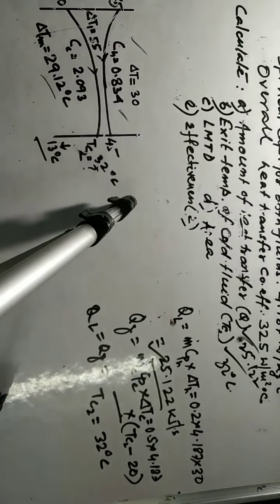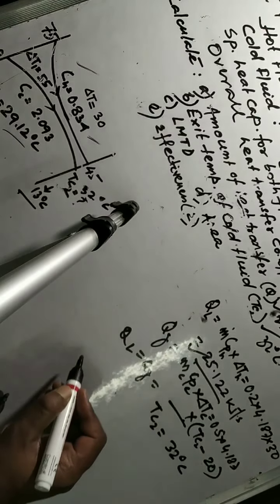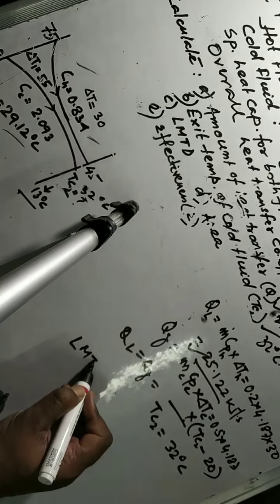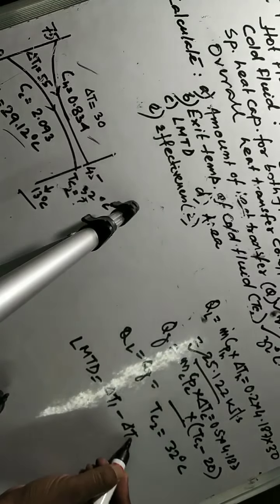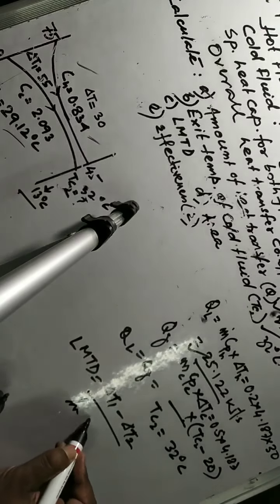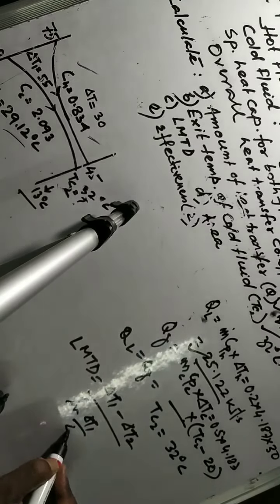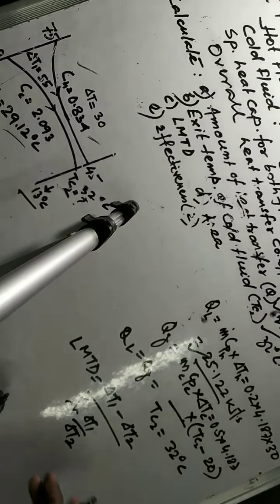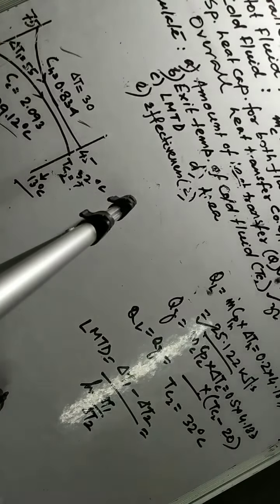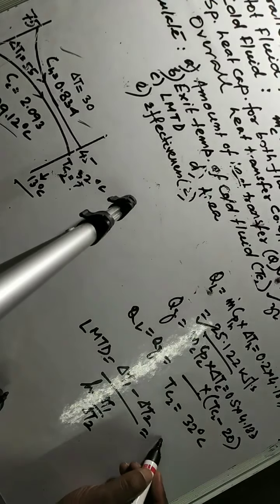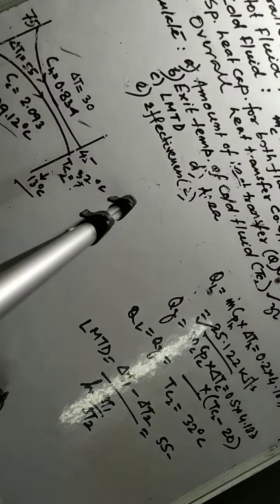Now LMTD you can easily calculate. What is the formula for LMTD? LMTD is (del T1 minus del T2) divided by ln(del T1 divided by del T2). Put the values. Here it is 75 minus 20, 55.